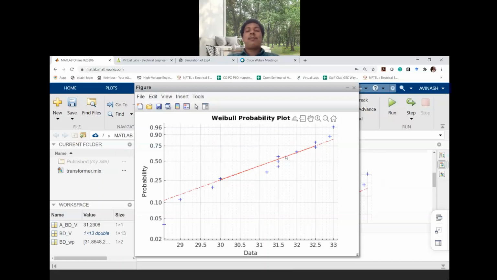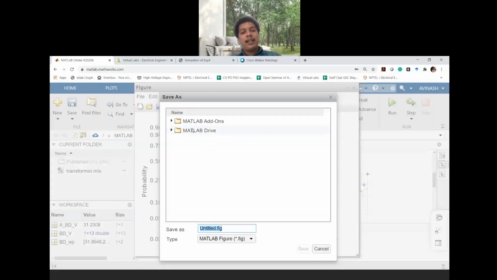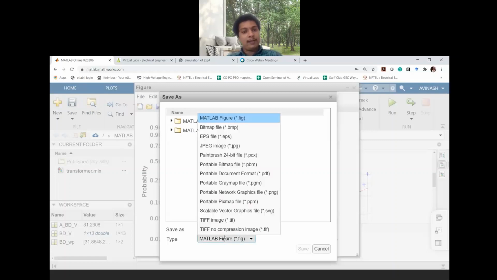Since now you are uploading, you can directly add this in Google Classroom. For that you can use this save figure option here. Understood. This untitled figure, let us mark it as variable, and you can save it in JPEG form, which will be enough.